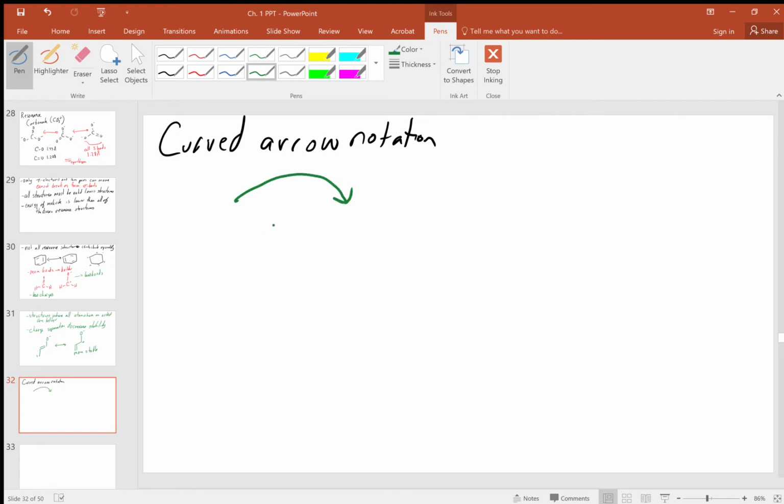This very normal looking arrow, and then this, which we call a fishhook arrow. The difference in these arrows is the number of electrons that they represent. The arrow on the left represents a movement of 2 electrons, while the arrow on the right represents a movement of 1 electron.